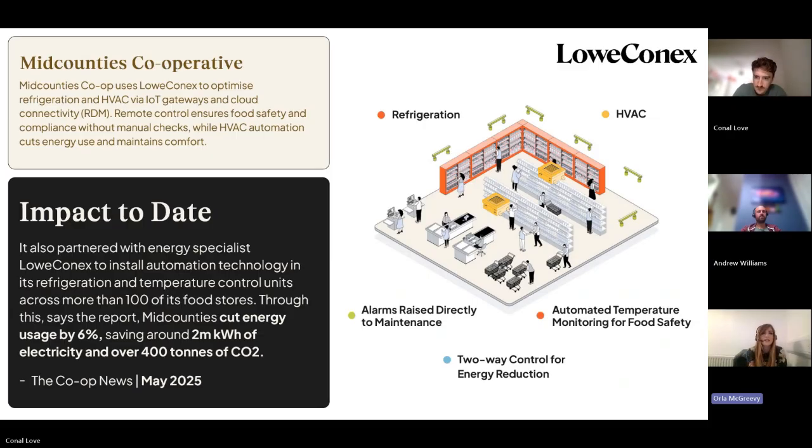The journey for us here was that we started with a portion of their estate that had the BMS installed and already had all of their refrigeration connected, and we brought that data in and standardized how that refrigeration was running, with optimization through things like suction pressure optimization, rewriting of the defrost cycles, standardizing the thresholds that the units were running in, and looking at how door openings were impacting compliance.